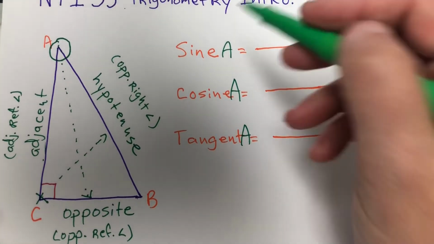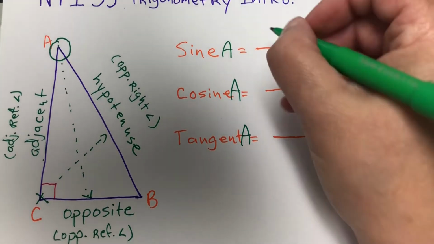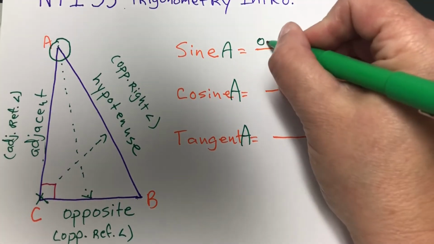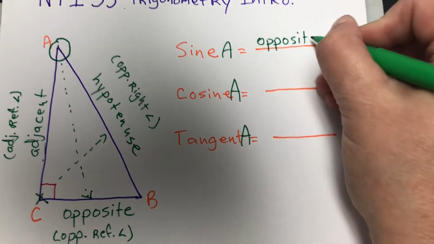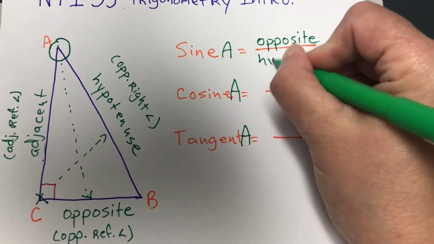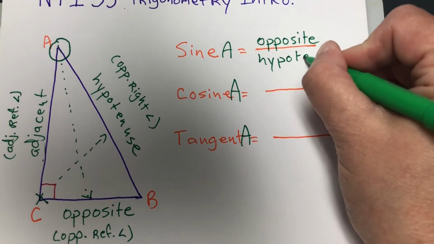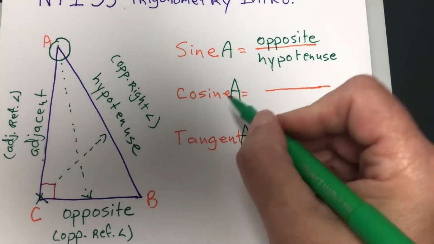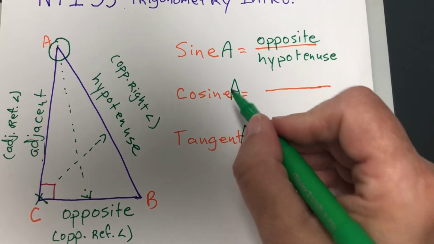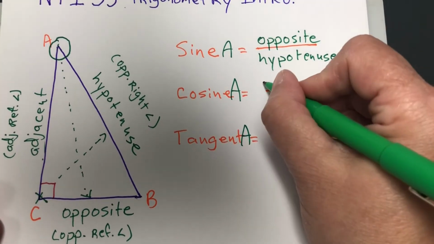Sine, by definition, is opposite over hypotenuse. Cosine, by definition, is adjacent over hypotenuse.